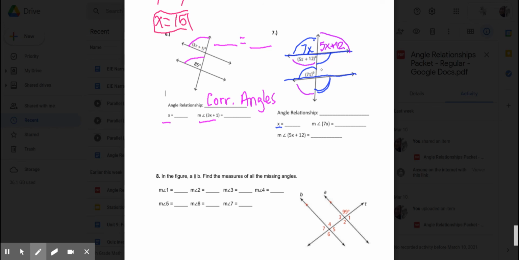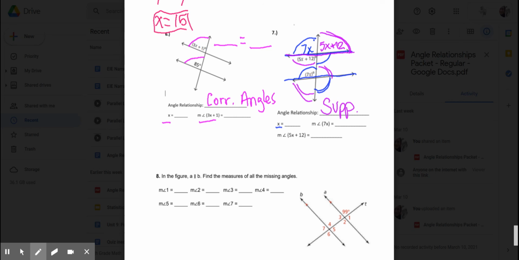And it's the alternate interior angle to this angle here. So now that I've written in some that were equal, I can see that 7x and 5x plus 12, those two angles are supplementary. Once I fill in the other spots, I realize they're actually supplementary. So they add up to 180.